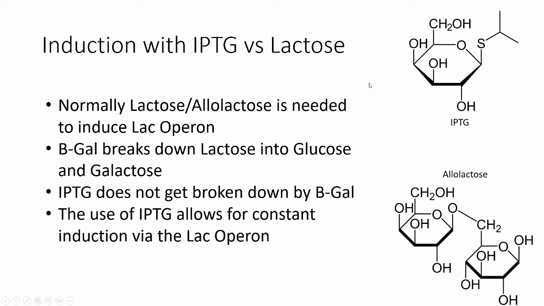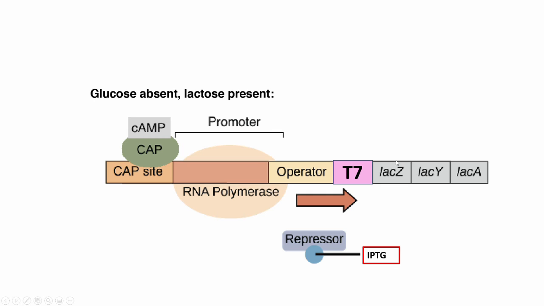So instead we're going to use an analog that looks similar enough to lactose and allolactose, called IPTG, where the only real difference is the addition of this propene group. So when we add IPTG, it'll act almost similar to allolactose and bind to the repressor.